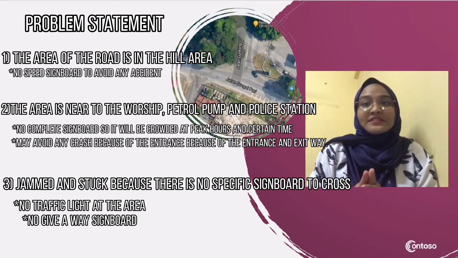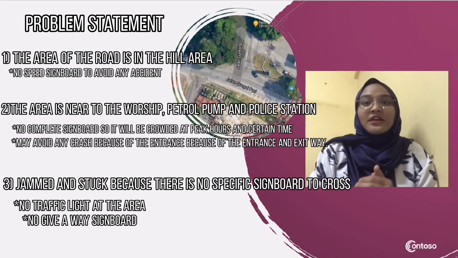In other places, there are also some conflict points where accidents can occur in the area. So our main focus is to reduce accidents based on the signboards that we can improve in the area.